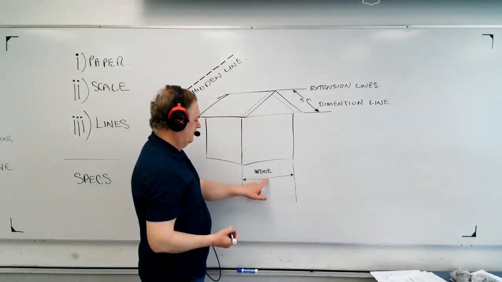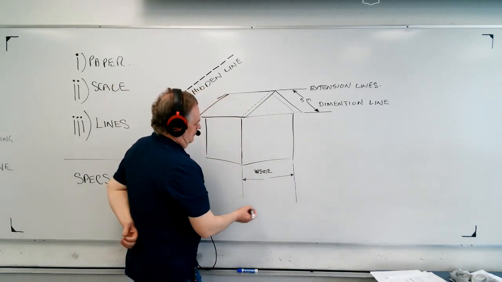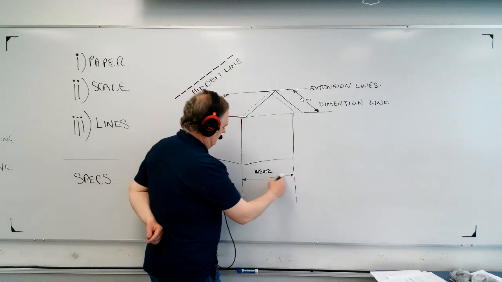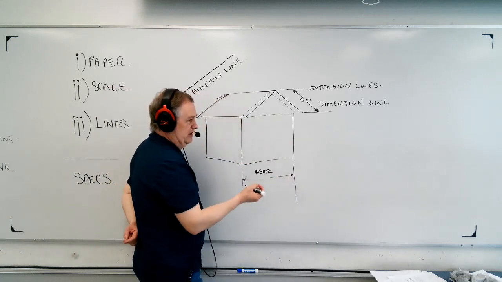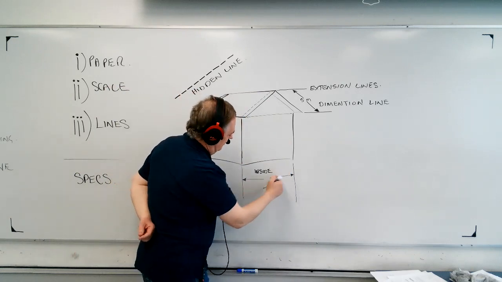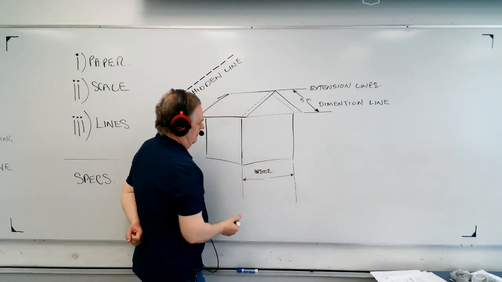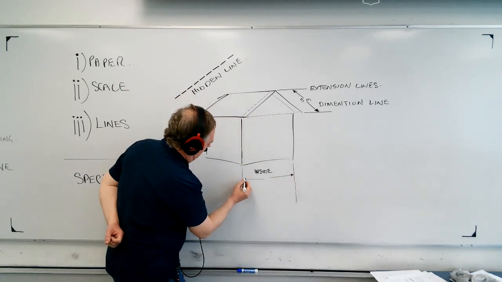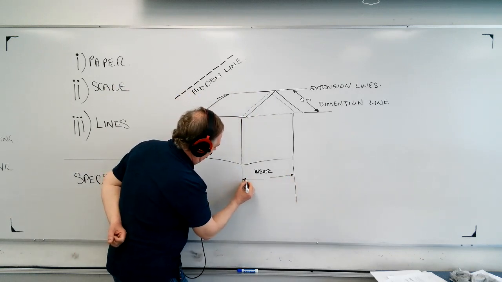But here's the other interesting thing. In order to confirm that what we're literally showing you is the dimension from here to here, we use some type of an end on this dimension line. And this is called, it's basically a cut line. So they call them cut lines.